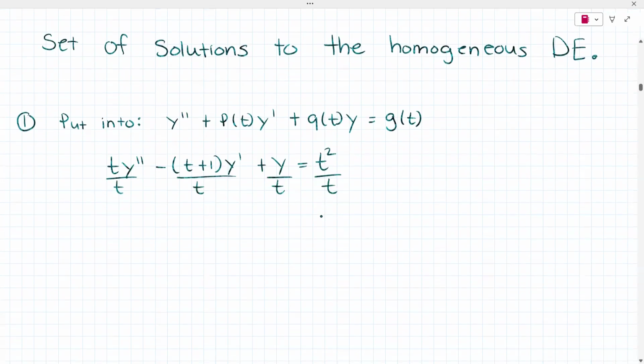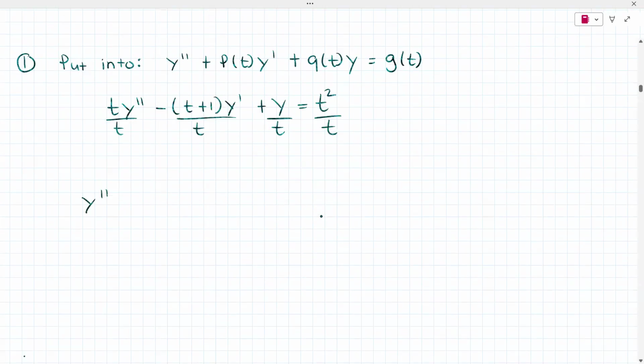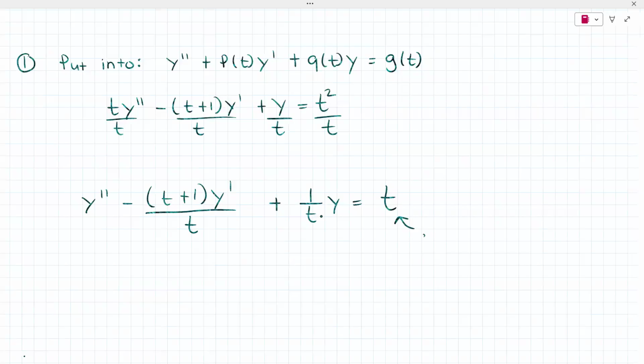Okay, now I have y double prime minus (t plus 1) over t times y prime, and then plus 1 over t times y equals, and t squared over t is just t. So this t is your g of t.